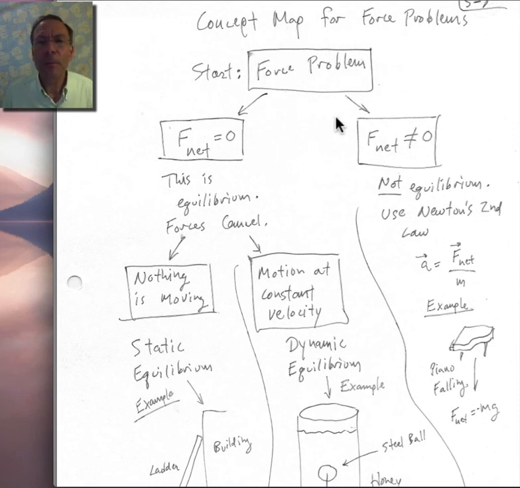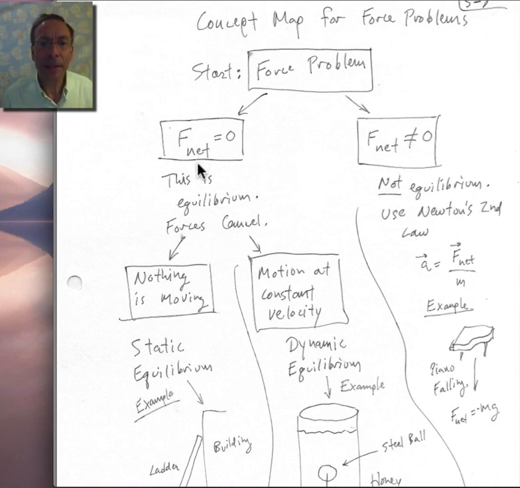And force problems can kind of break down into two broad categories. There is the category where the net force is zero. All the forces cancel out. And these are called equilibrium problems. The other kind is where the net forces don't cancel out, and these are not equilibrium problems.